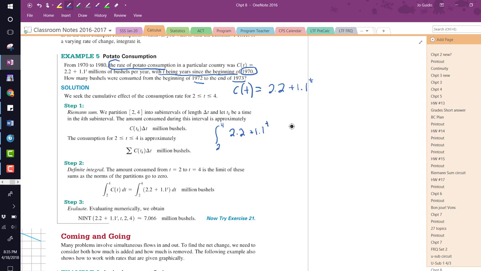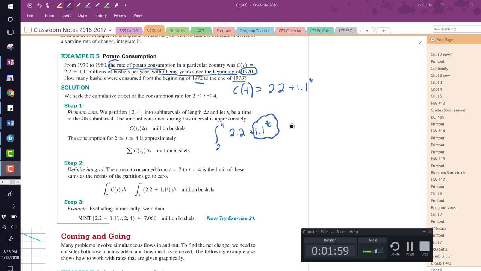In this particular example, they are just doing the integration with a calculator, so they're not doing it without a calculator. There is an integration rule for things to the t power, but we won't talk about that here in this example.